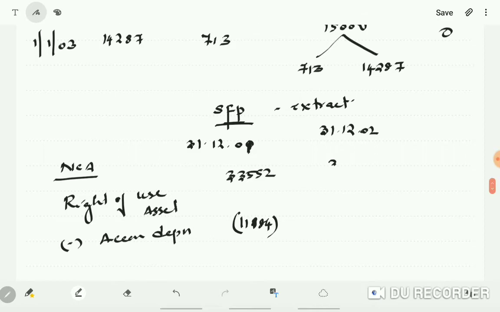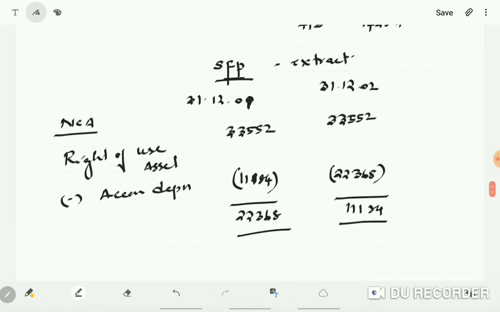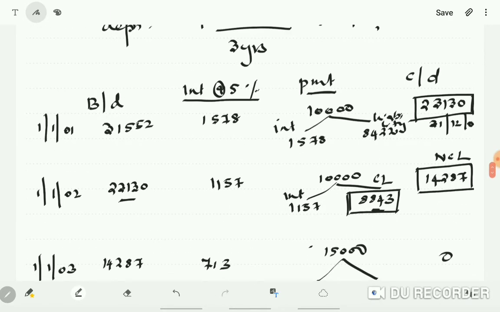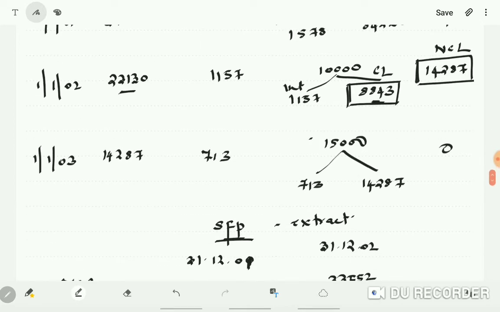The right of use asset is 33,552 less 2 years of depreciation, 11,184 into 2, which is 22,368. In the second year the lease liability is 14,287, and the entire amount is payable within 1 year.